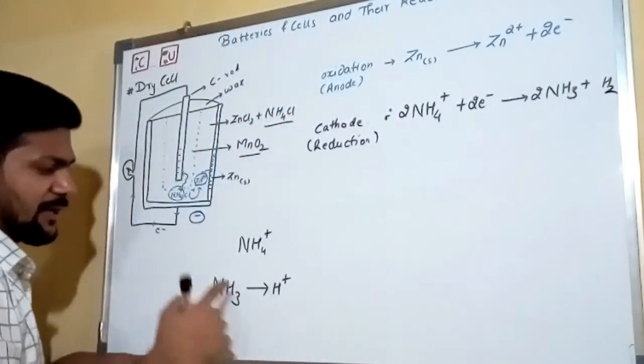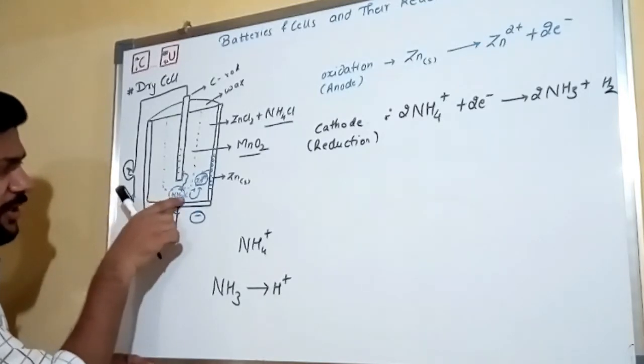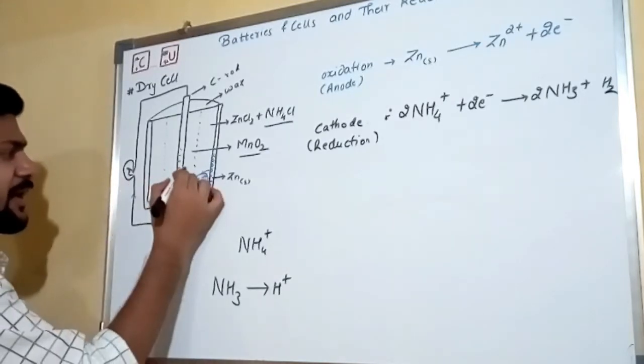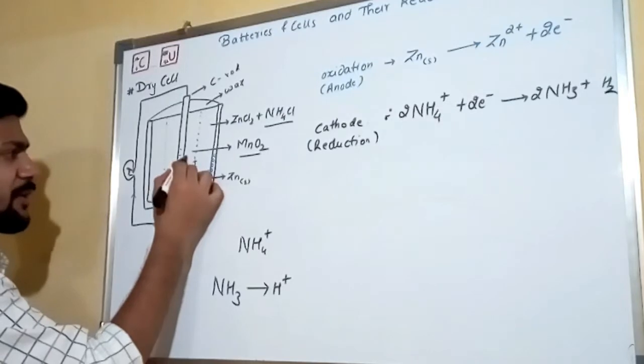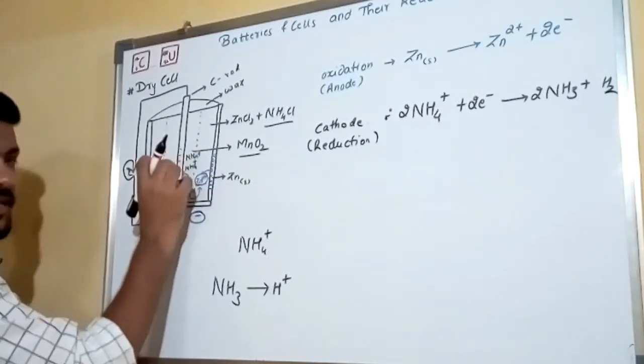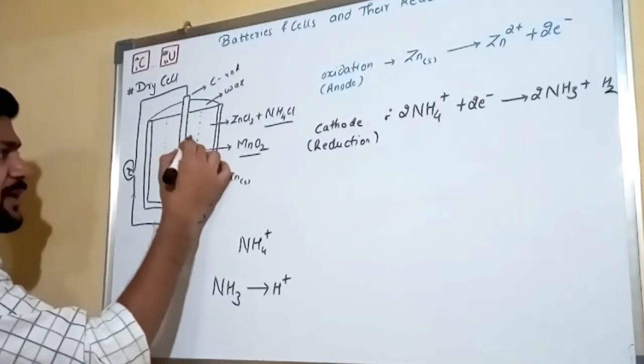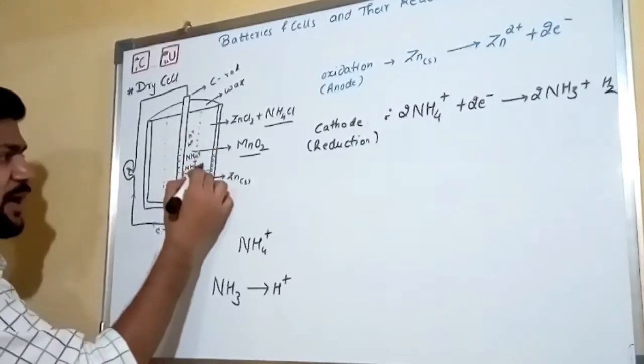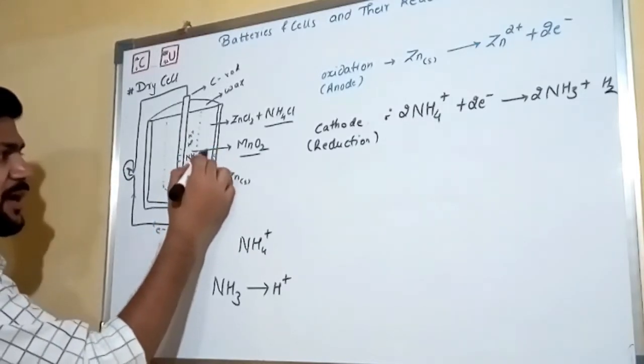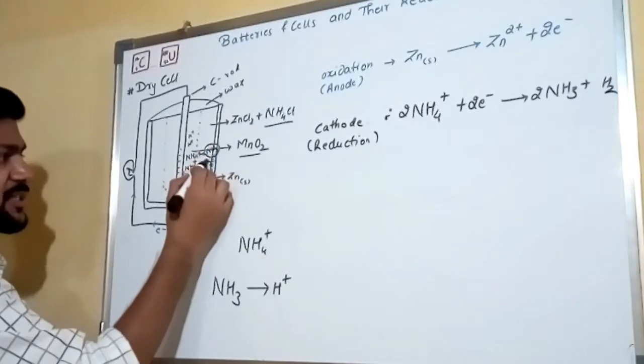What exactly is happening? These 2 ammonium ions from here will be traveling. You will be having NH4+, you will be having NH4+. They will split into H+, giving you NH3. So this ammonia is produced over here.